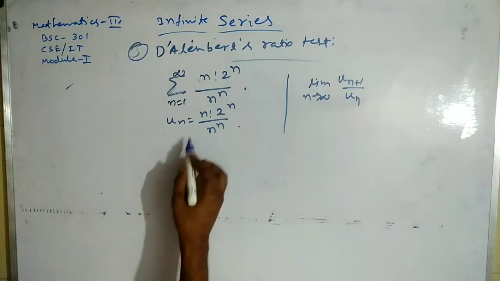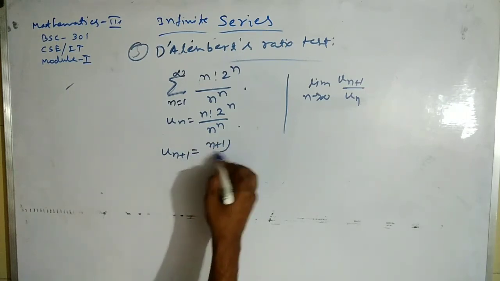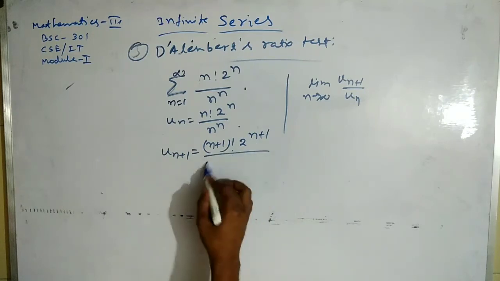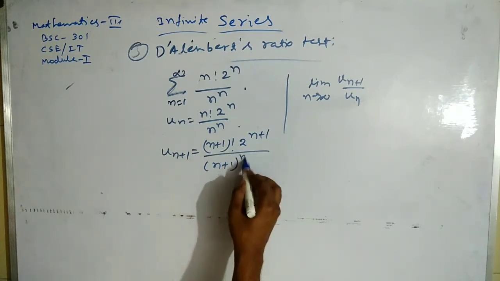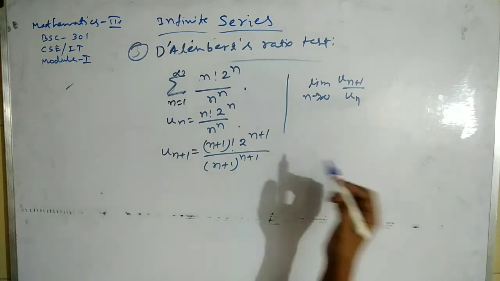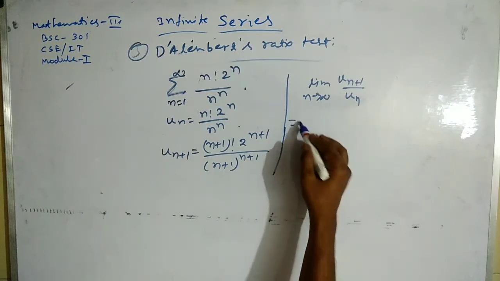Now if un equals this, then un plus 1 will be n plus 1 factorial into 2 to the power n plus 1 by n plus 1 to the power n plus 1. We just put n plus 1 in place of n. Now we are putting the values of un plus 1 and un here.